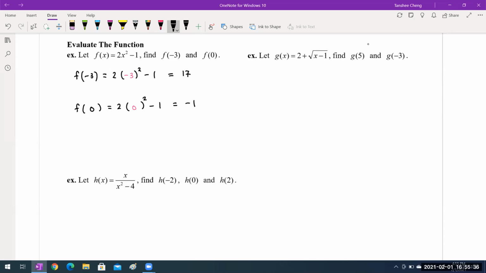Next up, let's take a look at evaluating radical functions. When you substitute 5 into the formula of the g function and compute it, we get 4.